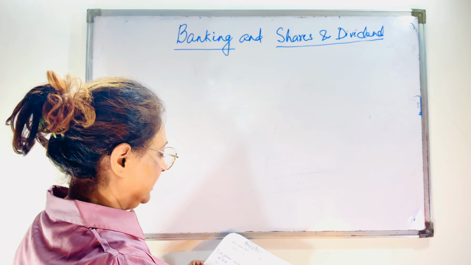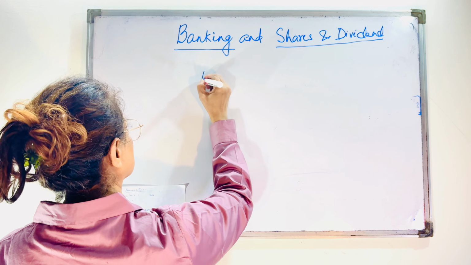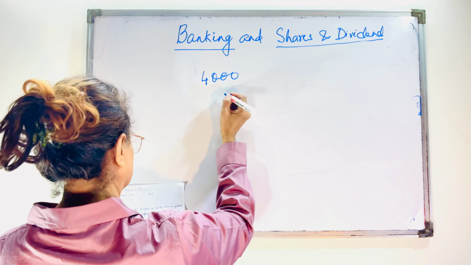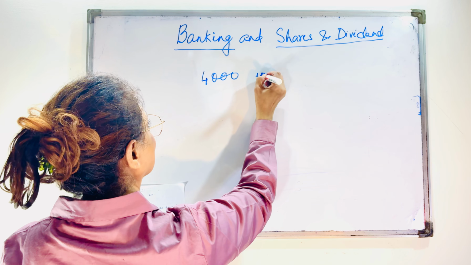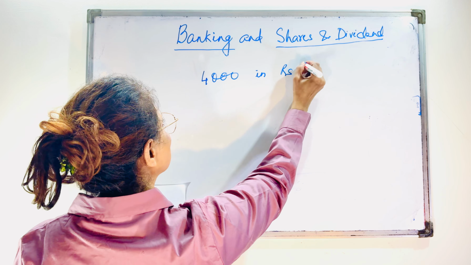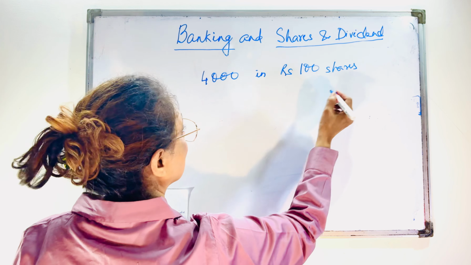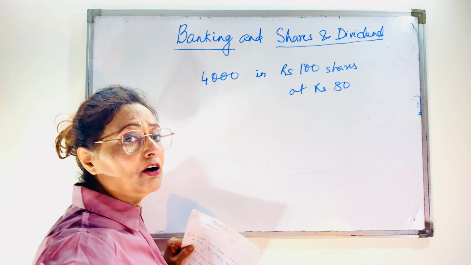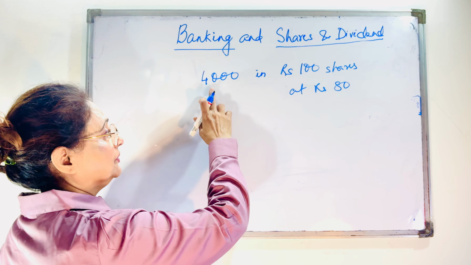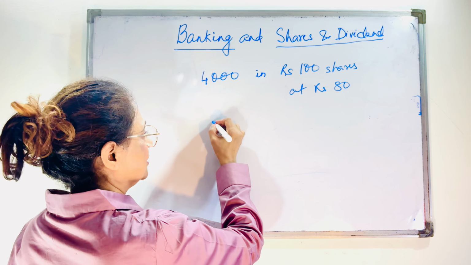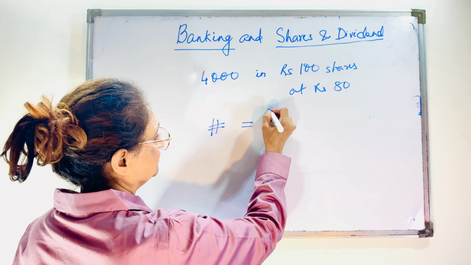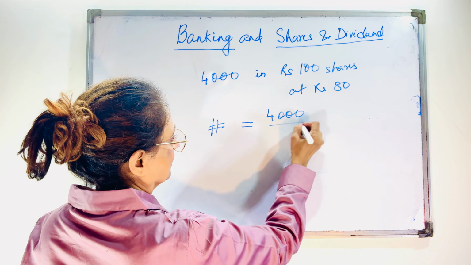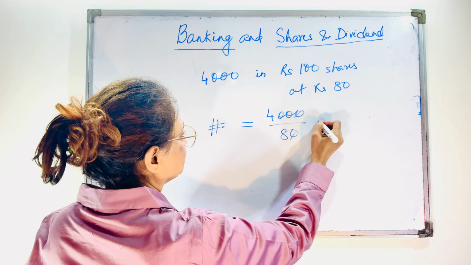A person invests 4,000 in rupees 100 shares. So originally the company had declared 100 rupees per share. Now in the market it is available for 80 rupees. So this person will buy from the market. So number of shares will be how much? Okay.